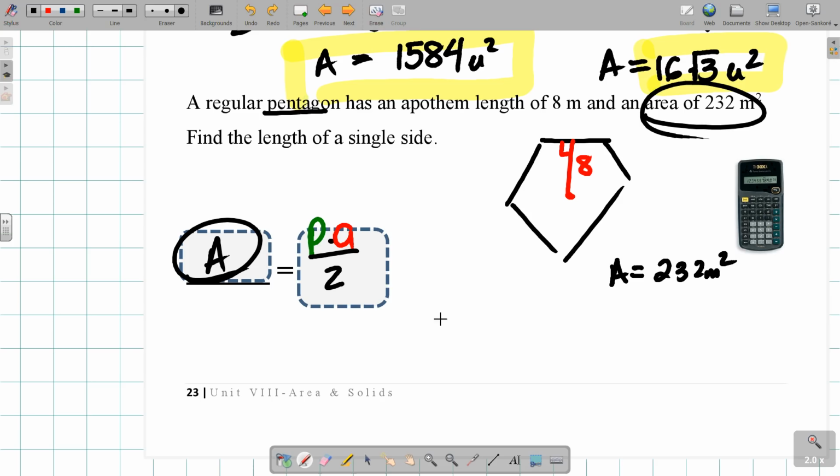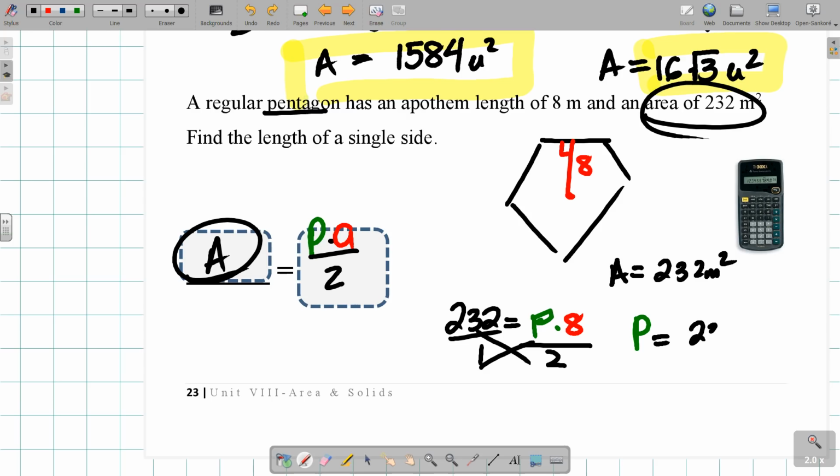My area is right there. 232 equals perimeter, which we don't know here, but I do have my apothem, which is 8, over 2. Cross multiply. So to get my perimeter, it's going to be basically 232 times 2 over 8.